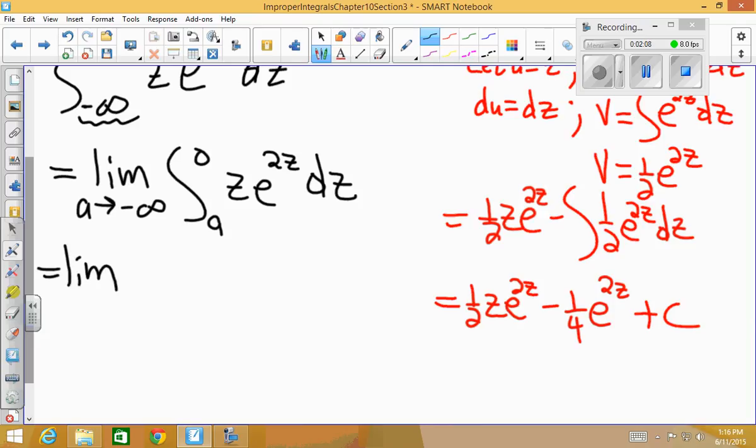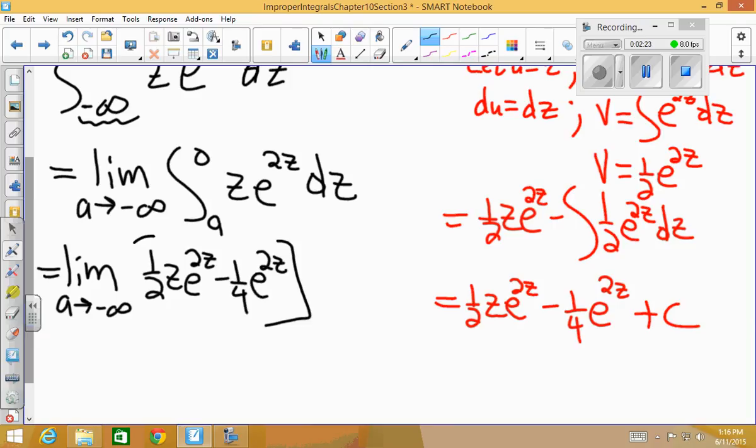So over here we end up with the limit as a goes to negative infinity of 1/2 z e to the 2z minus 1/4 e to the 2z, evaluated, because we're on a definite integral, we no longer need the plus c, but we evaluate from a to 0. So let's do those evaluations.